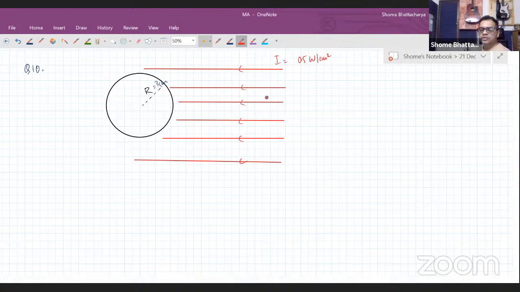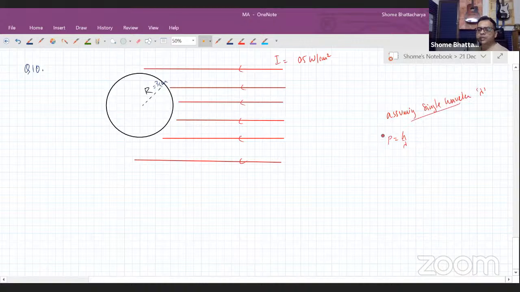So this is about the momentum of a photon. Momentum of a photon is h by lambda. Now it's not given to us that the light is monochromatic, but let's start by assuming the light was monochromatic, and with that assumption I'll show you that the final result is independent of whether the light is monochromatic or not. So assuming a single wavelength lambda is present, the momentum of each photon is h by lambda.